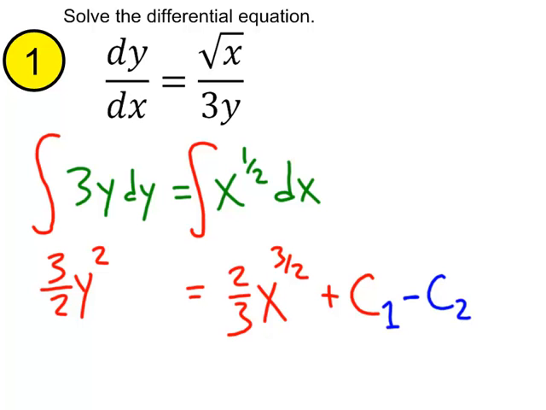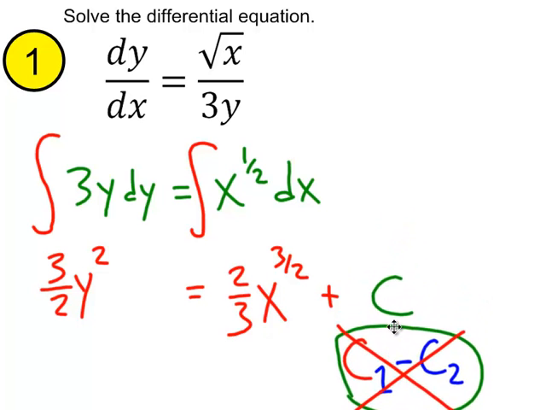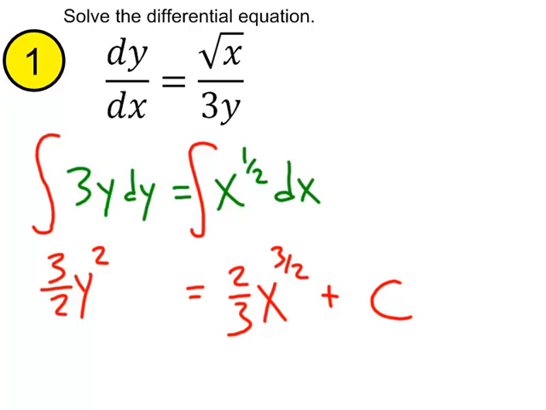And now when you look at having one constant minus another, c1 minus c2, one arbitrary constant minus another, you might as well just call that a c unto itself. So there was my brief explanation as to why we typically don't bother putting a plus c over on the side with the y on it.